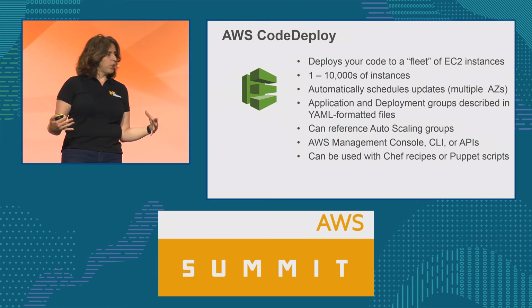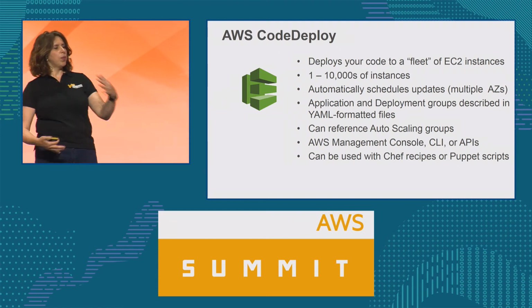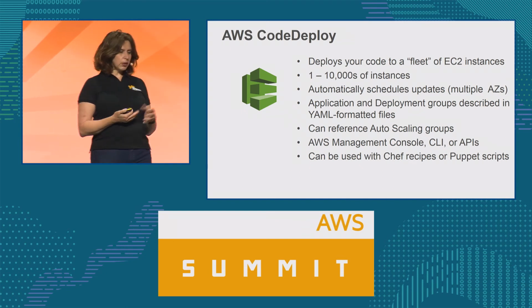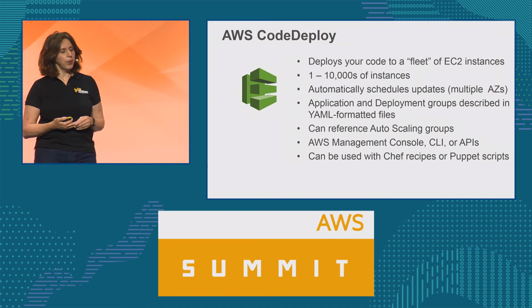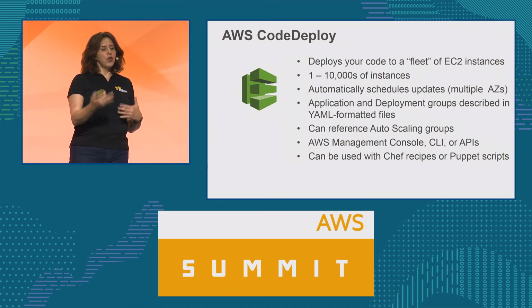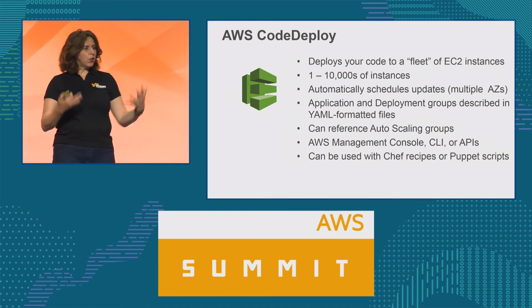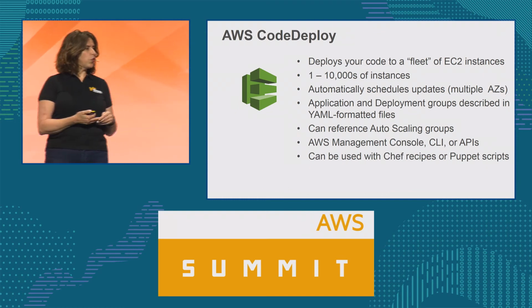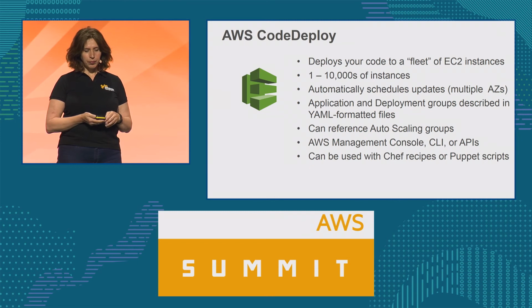And we'll schedule your updates for you across multiple AZs, so you can manage those updates across multiple instances. It uses YAML as its configuration language, and you can manage it via the CLI or via the management console, but you can really automate all of your deployments through that tool.